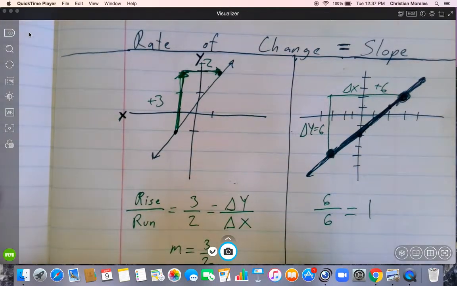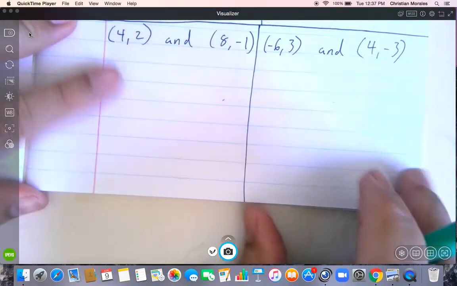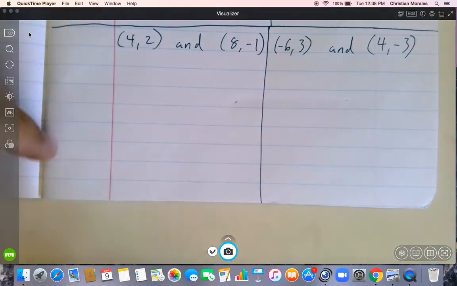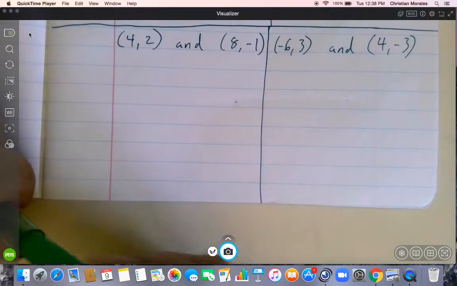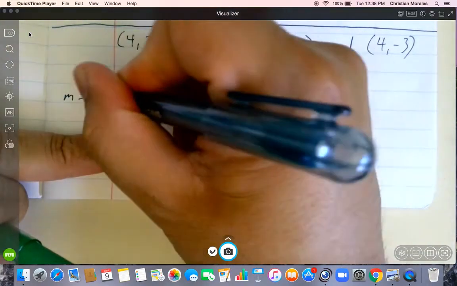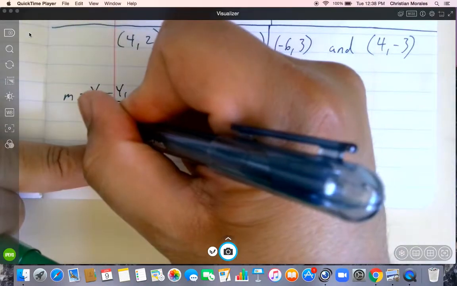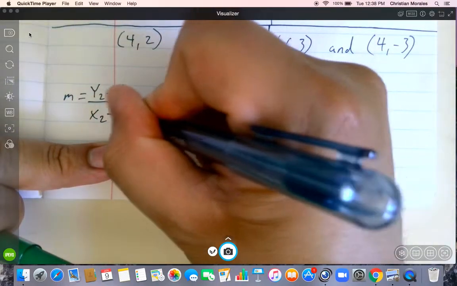Now there is a formula. So if you don't have a graph, if all you have is the points, then there's a formula to help us find the change in y over the change in x. So the formula that we have is y2 minus y1 over x2 minus x1.